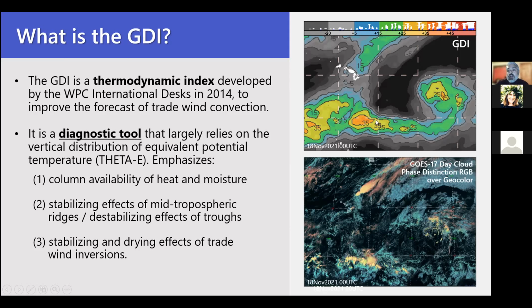It was able to capture this maxima in activity located to the south of Hawaii. And it was also able to capture this area with convection to the north of Hawaii. Of course, if you get one or two cells that are producing a lot of high clouds, sometimes you won't be able to look at it with a lot of detail, but at least it will show you the area where you will get the convection.